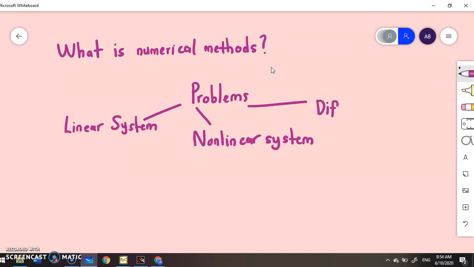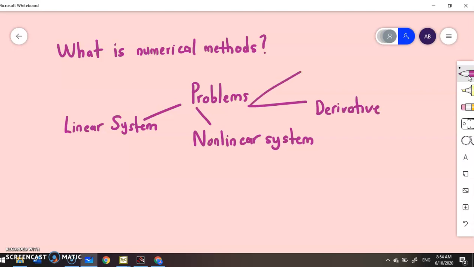You can have differentiation or derivative. I'll put it as derivatives problem. What else can you have?